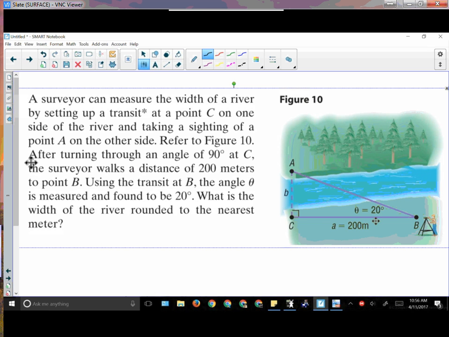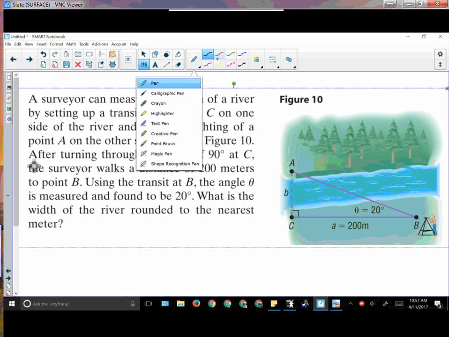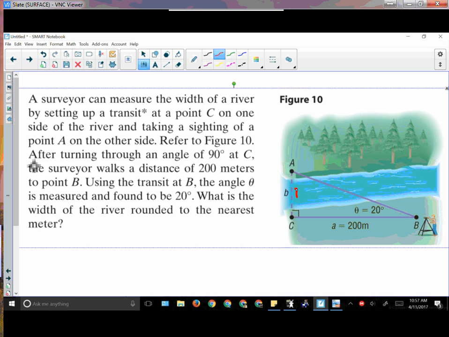He knows that it's on this line here, so he measures out that this is going to be 200 meters. This here theta is going to be 20 degrees. What is he looking for? He's looking for this particular distance right here.